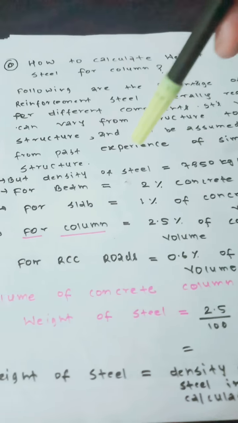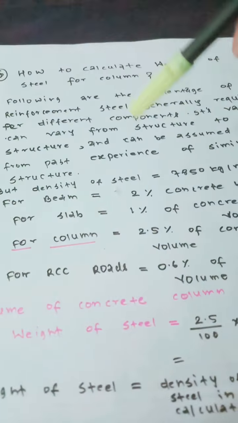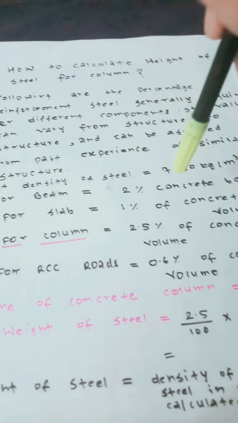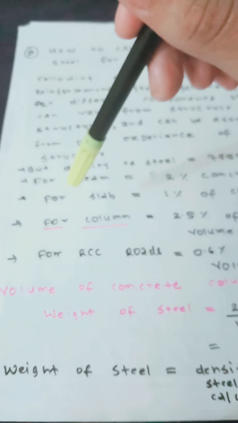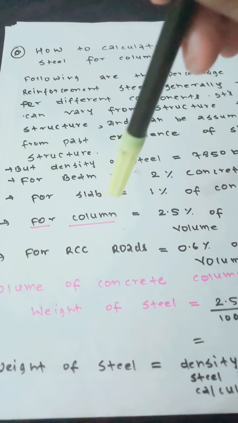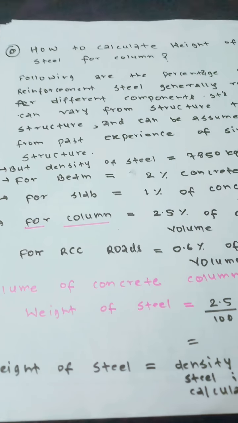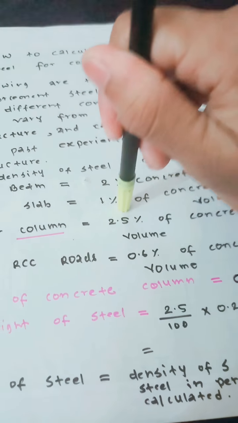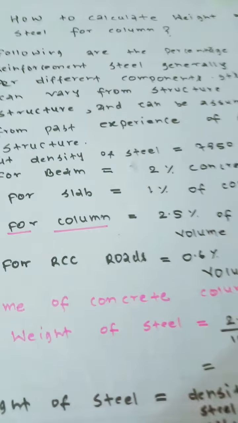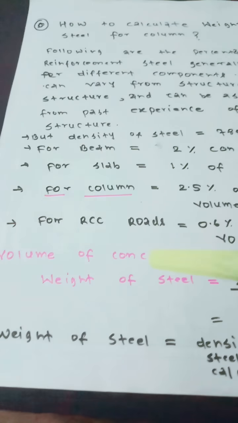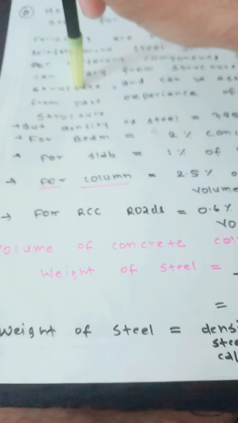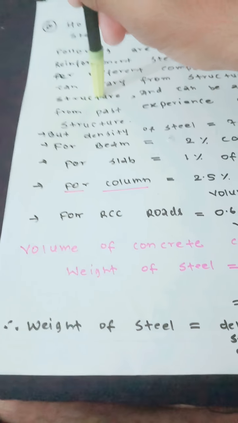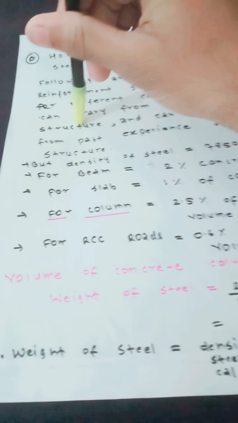For a column, how much percentage of the concrete volume. And lastly, for reinforced concrete structures like roads, how much percentage of the concrete volume. These 5 things are the key points that help to calculate the weight of steel.